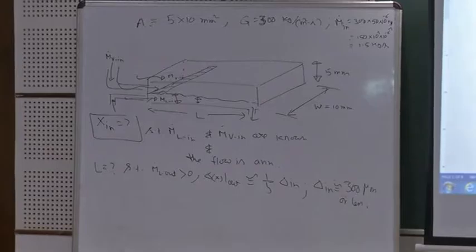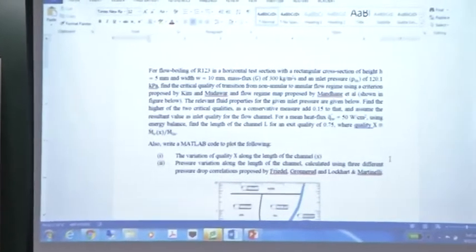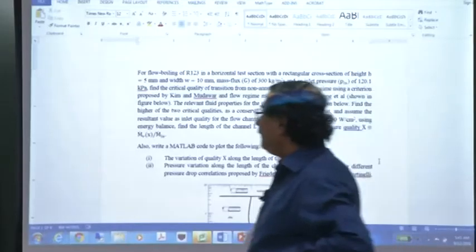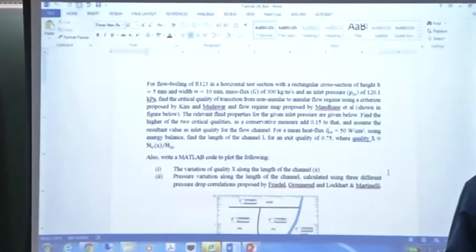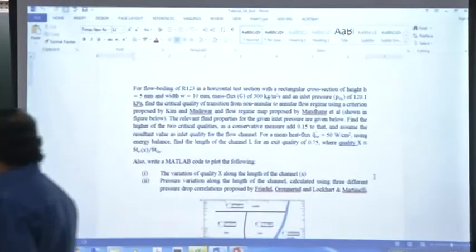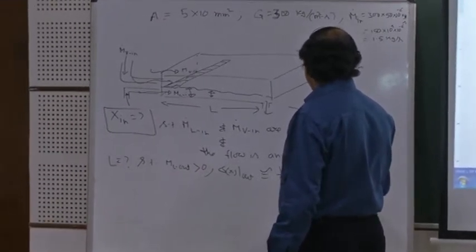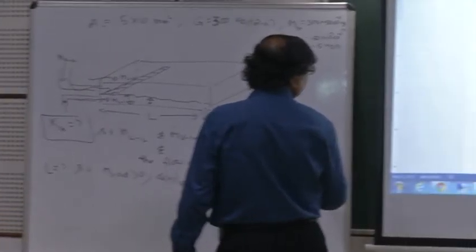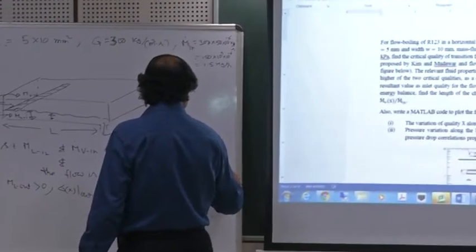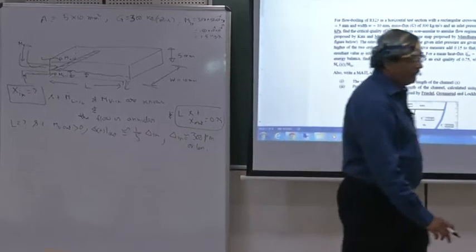So the first question was, find an inlet quality X such that the flow is annular, and also L such that X out, in this case, the problem has been reduced to something which is no more than 0.75 of the total mass has gone into vapor.